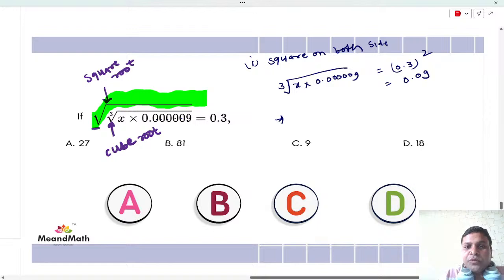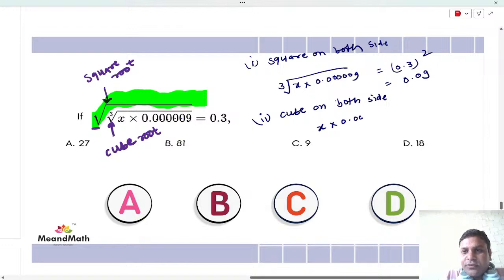Then the second step is cube on both sides. So x into 0.000009 is equal to 0.09 into 0.09 into 0.09.